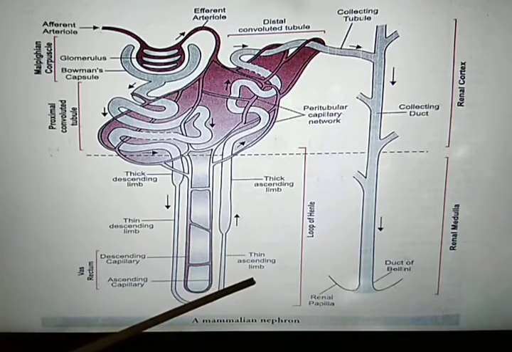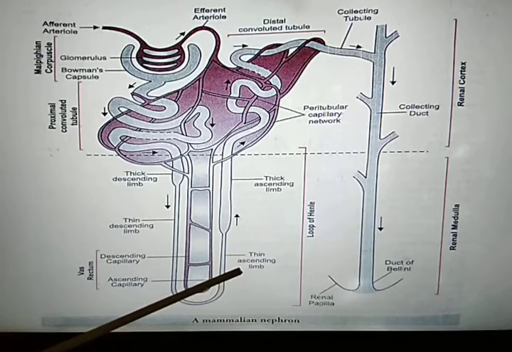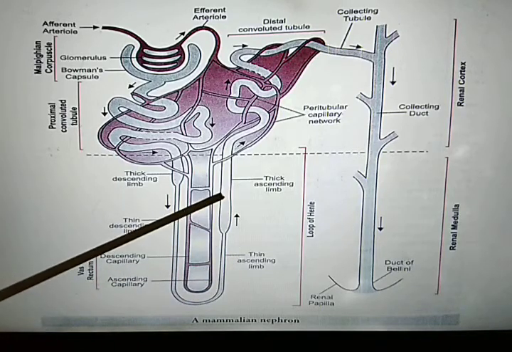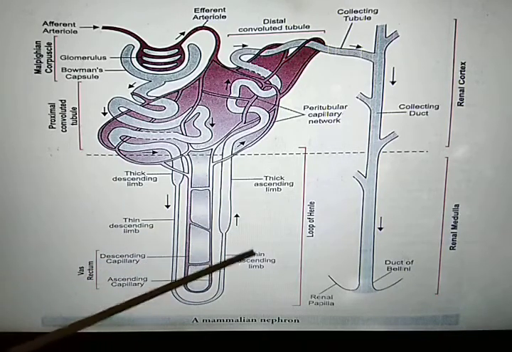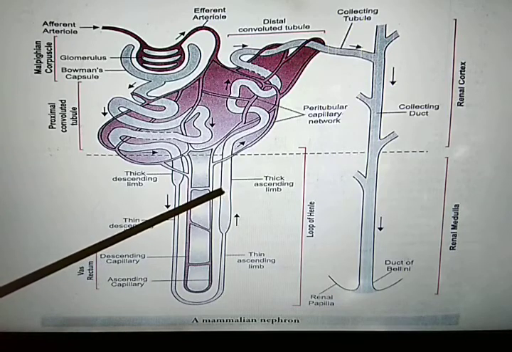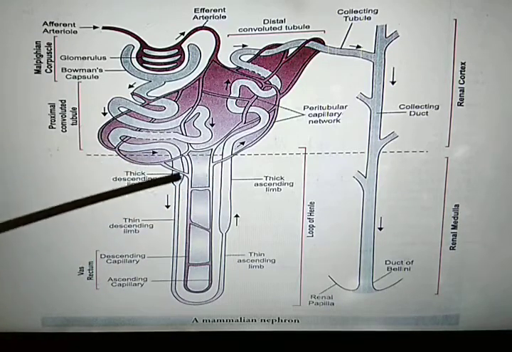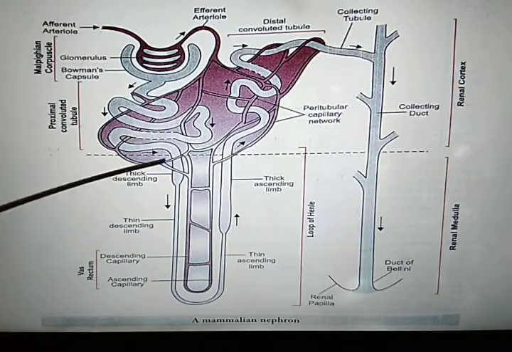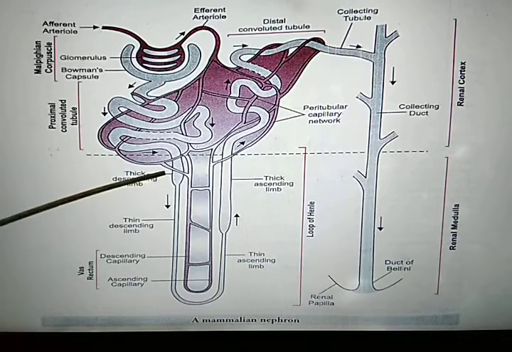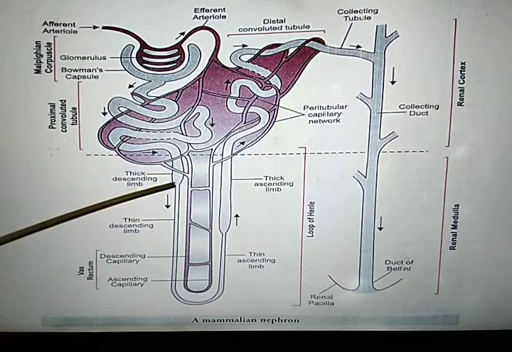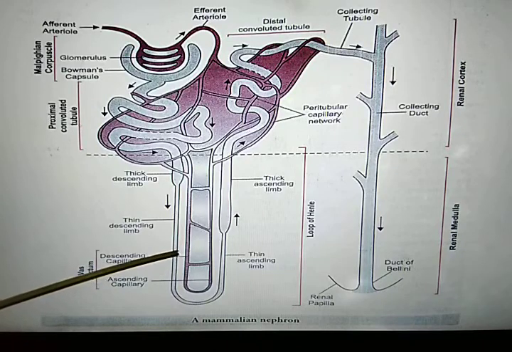And similarly, the ascending limb also consists of thin ascending limb and thick ascending limb. Thick descending limb is towards the cortex, and when it runs towards the medulla, it becomes thin descending limb.